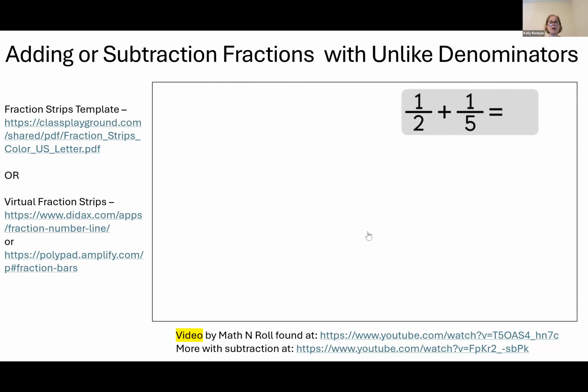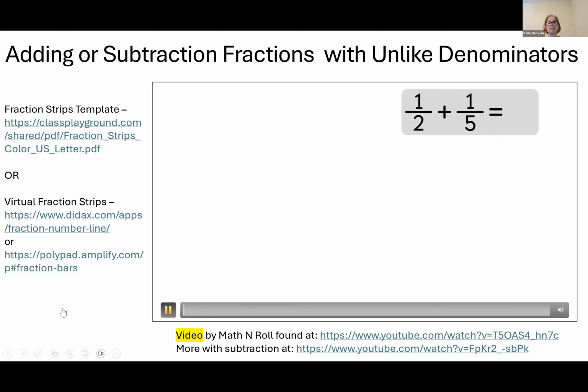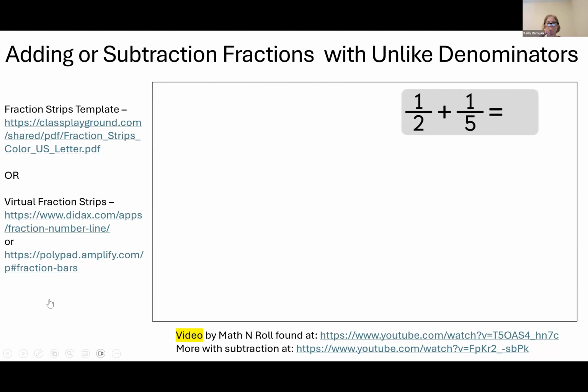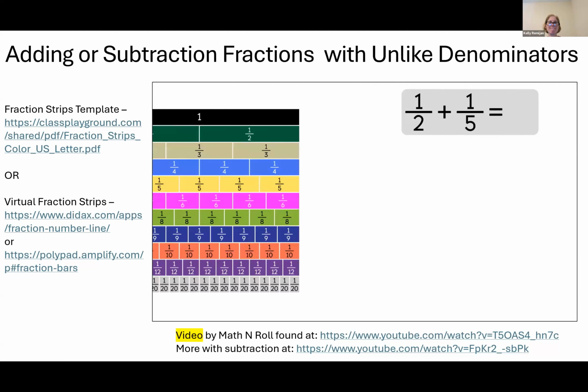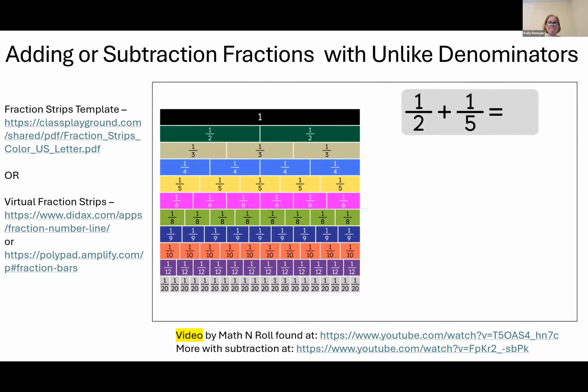So just to start this off just a little bit. To add 1/2 plus 1/5. We can't add two fractions with unlike denominators. We can add these fractions by converting the denominators into like denominators. We'll do this by using fraction strips. We'll put the 1 whole as a benchmark to see if our sum is less than 1 or greater than 1.